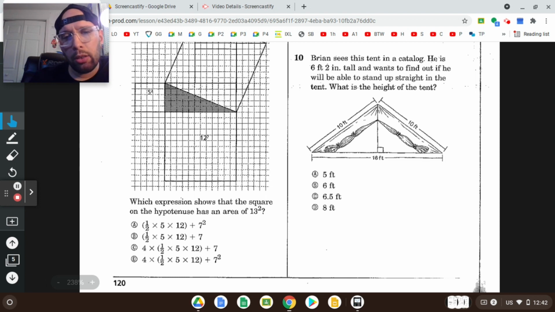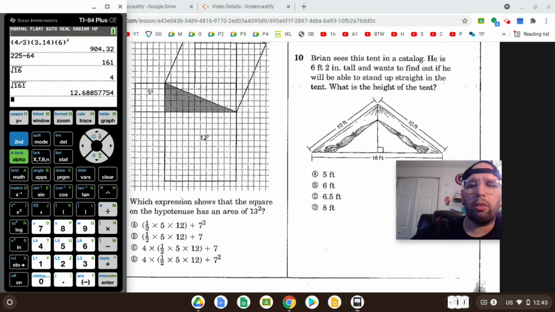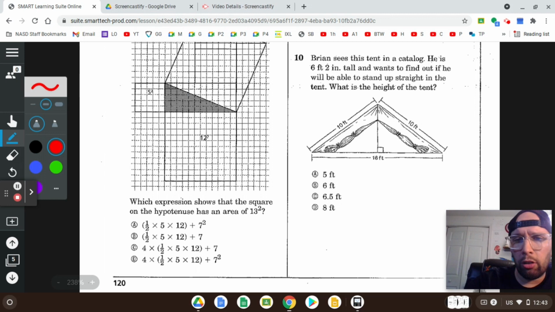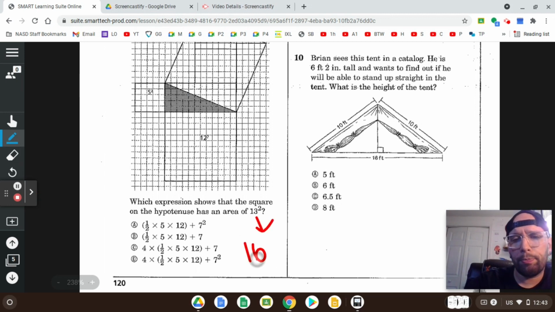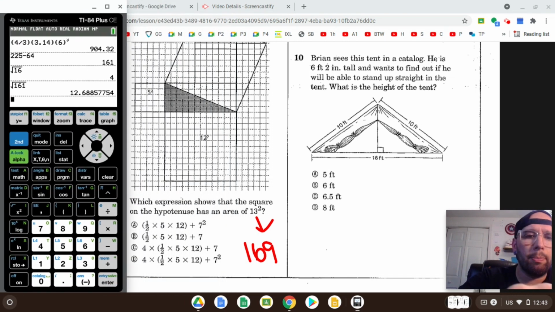Looks like it should just be the square root of 5 squared plus 12 squared, but that doesn't show up on any of them, so I'm going to be cute here. It's basically saying, hey, which one of these is 13 squared? I'm not sure what this question is asking. It's just really weird. So this is how I'm going to approach it. 13 squared is 169. I'm going to see which of these gives us 169.